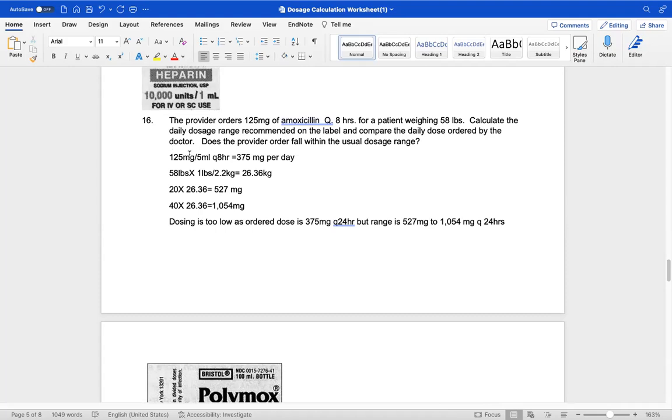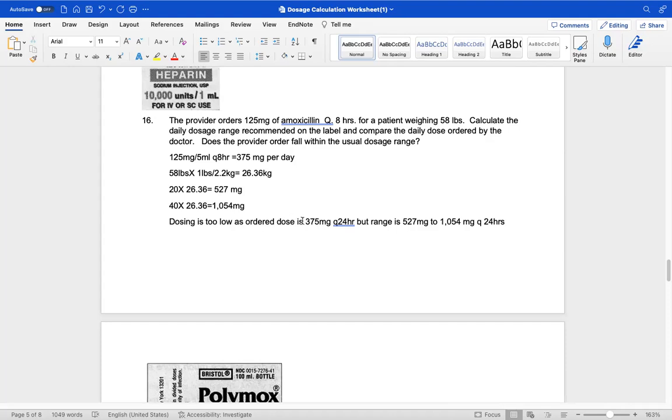We go up here, now we figure out what our ordered dose is. They ordered 125 milligrams per 5 mLs, which is what is on here, every 8 hours. So we're going to take that 125 times 3, because that would be 3 times in a day. That gives us 375. So on this patient, the correct answer is going to be that the dosing is too low as ordered.